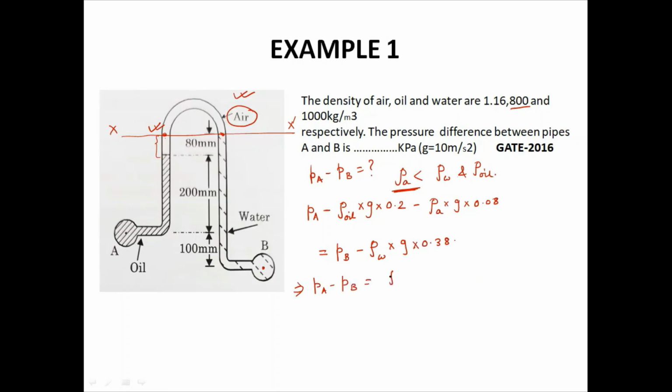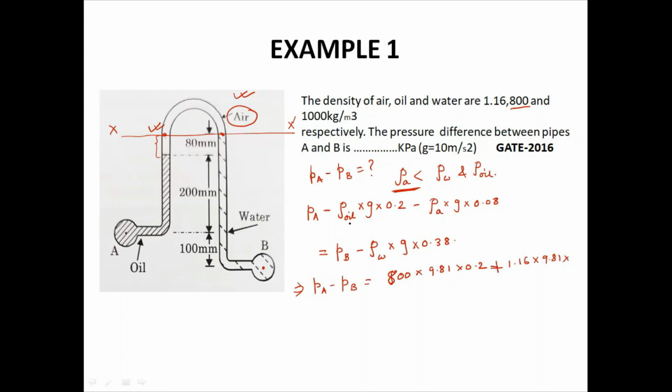So that still gives you rho oil. These two terms will come to the right hand side. So rho oil is 800, given as 800 into 9.81 into 0.2, minus rho air into 9.81 into 0.08, minus 1000 into 9.81 into 0.38. Sorry, it will be plus in terms of the air term.